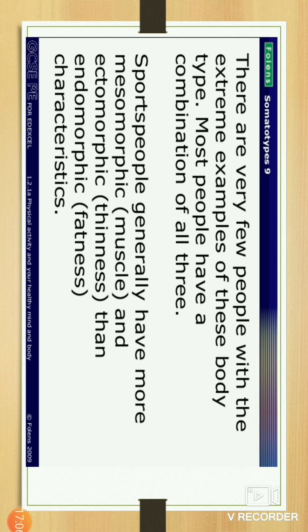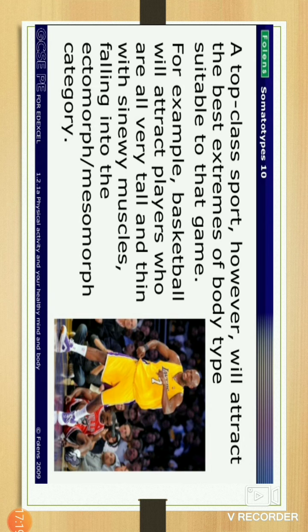Sports people generally have more muscle, thinness, and fatness characteristics. A top class sport, however, will attract the best extremes of body type suitable to that game. For example, basketball will attract players who are all very tall and thin with stringy muscles, falling into the ectomorphy mesomorphy category.